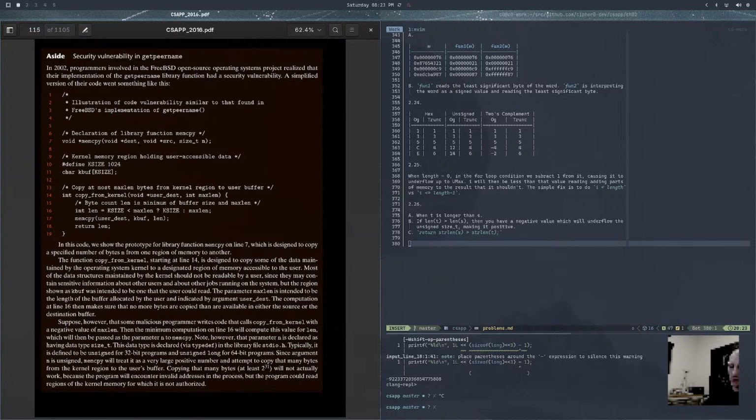Oh, this is going to have to do it because K size is just a constant. Max length is an integer. Huh. I'm actually not really sure what the bug is on this one.